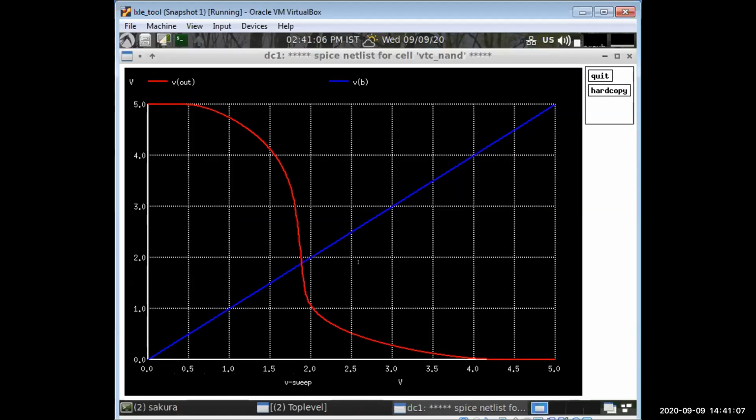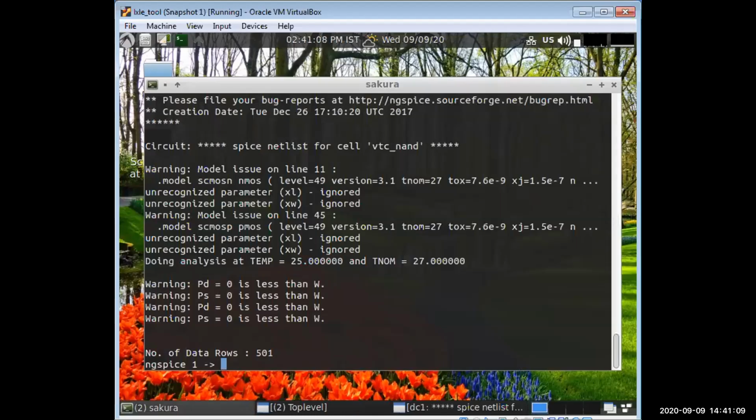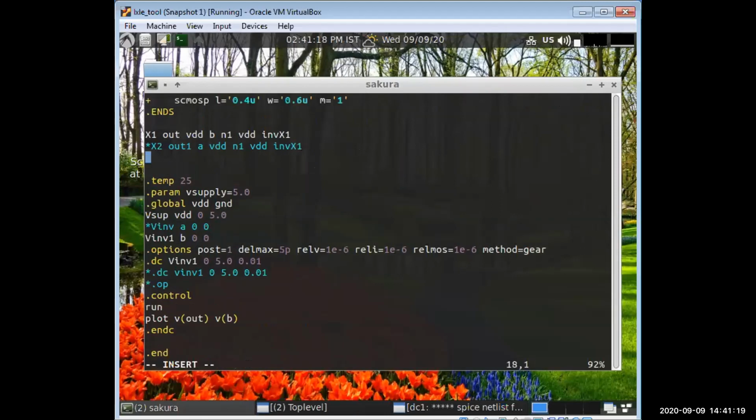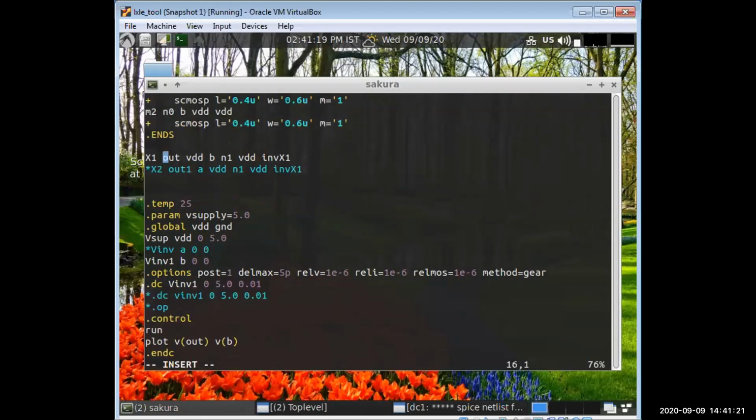Let's skip it and run for A also. This will change. We have to comment this subcircuit now.